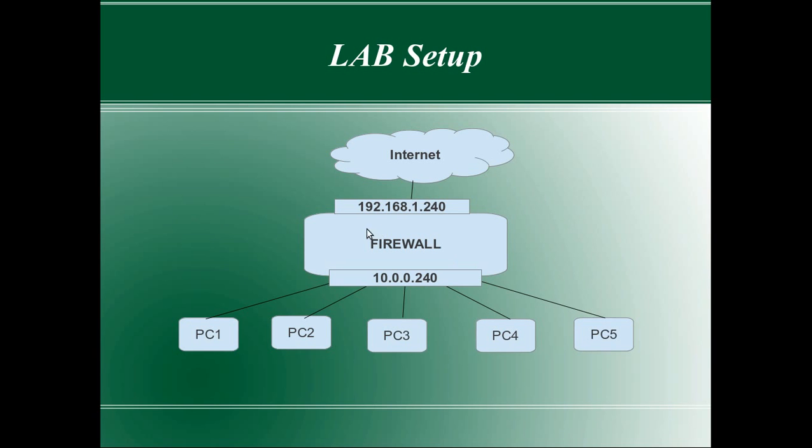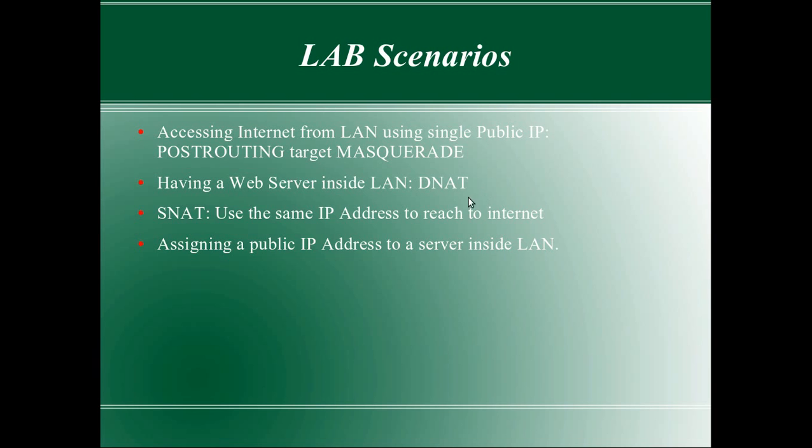I am going to implement a rule in POSTROUTING which masquerades any traffic from this network so that it uses the public IP address of the firewall.